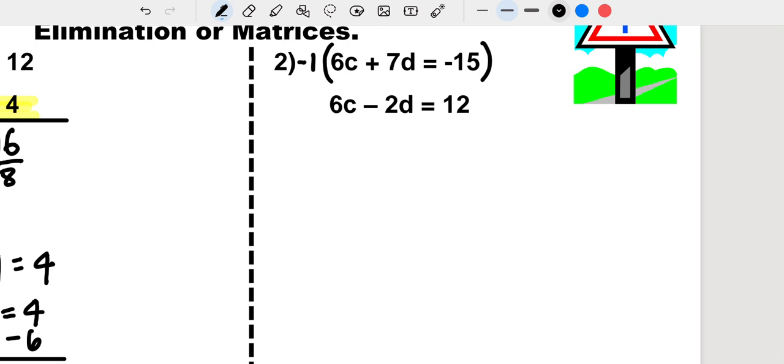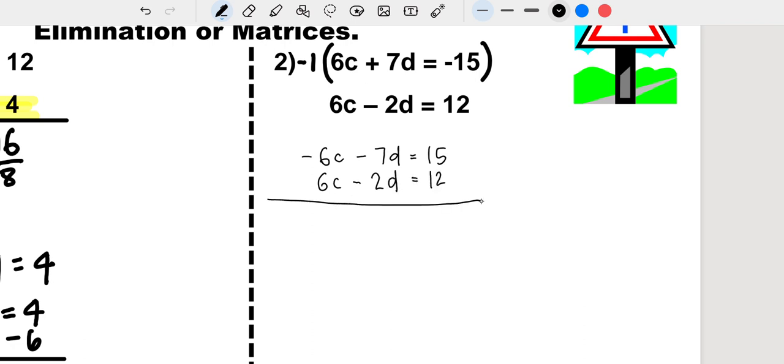So let's multiply this top one by a negative 1. What I have now is a negative 6c minus 7d equals a positive 15. So what it does is it changes the sign of everything. And then now I'm just going to rewrite my second equation: 6c minus 2d equals 12.